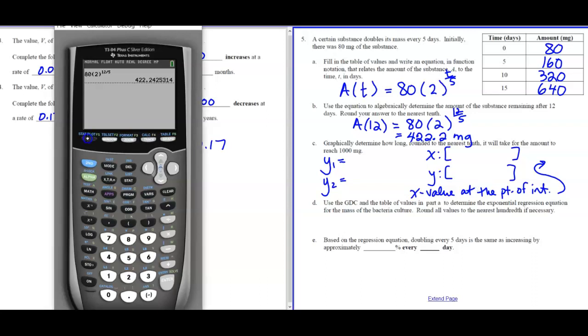Okay, so go to y equals, clear up anything that you have there. So 80, bracket 2, bracket exponent, x divided by 5. You can use the fraction form if you want. And the amount to reach, so our second equation is 1,000. Y equals 1,000.